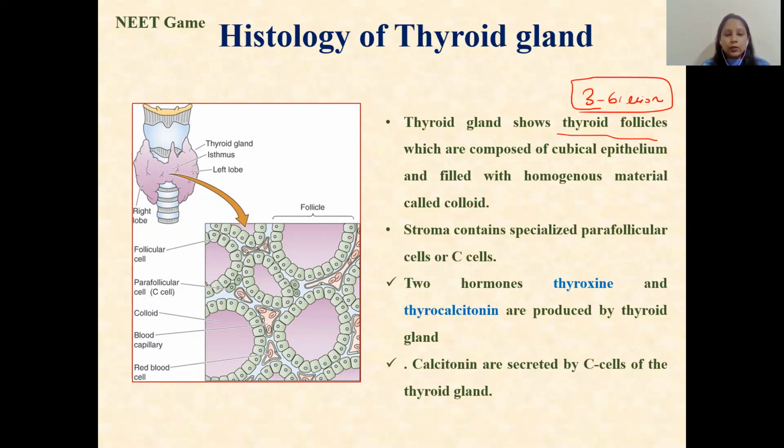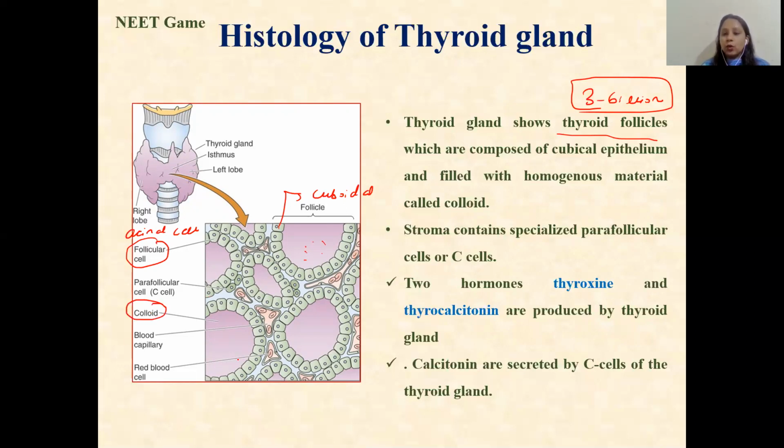These follicles are made up of cuboidal follicular cells, which are also known as acinar cells. In the center of these follicles, there is a fluid known as the colloid.